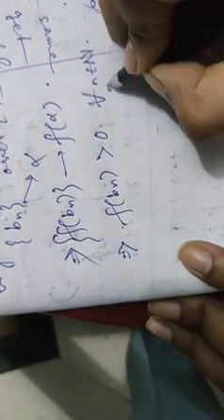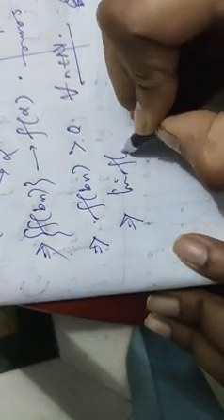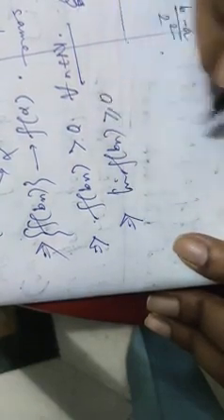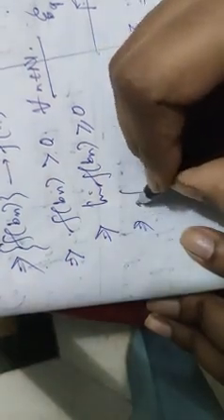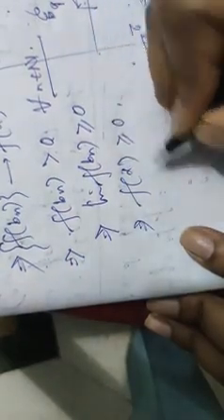Again, f of bn is greater than 0 for all n. We got this from the nested sequence. F of bn is greater than 0, that means limit of f of bn will also be greater than or equal to 0. That means f of alpha will also be greater than or equal to 0.